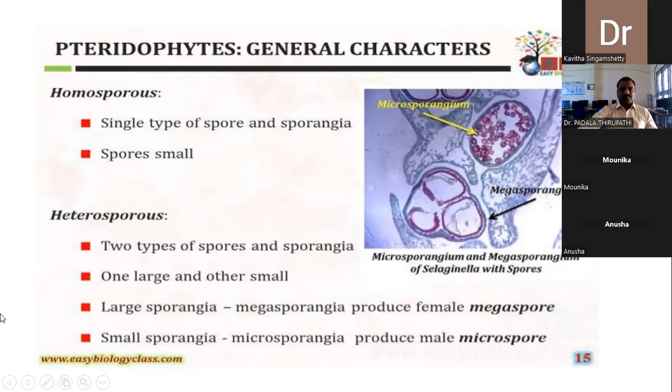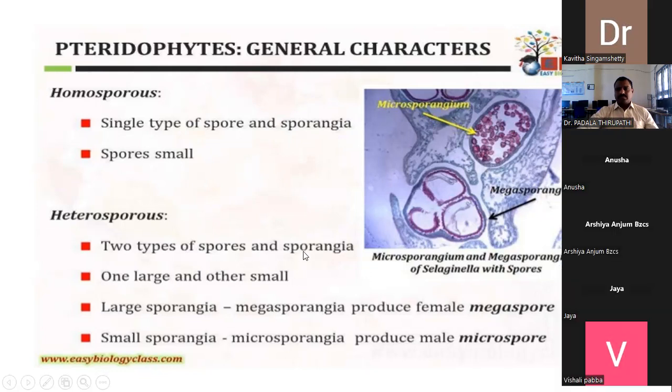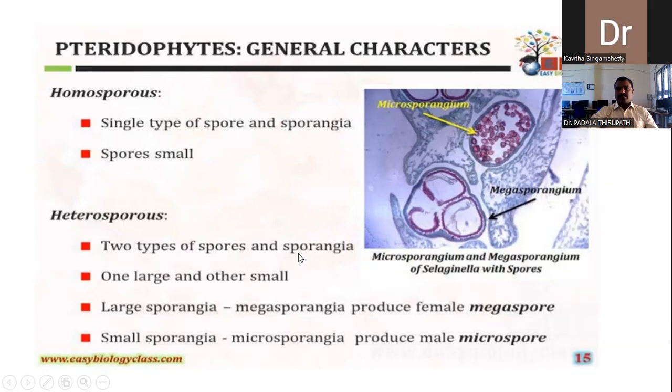Now, when I talk about the heterosporous type of sporangia, the sporangia which develop the larger spores, we call them megaspores. And the sporangium which is developing that larger spore is called the megasporangium.